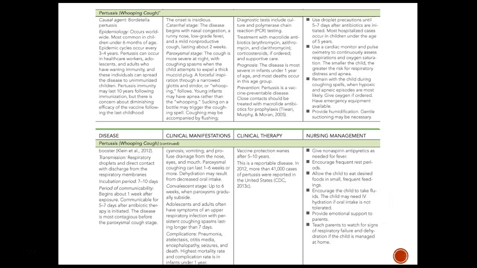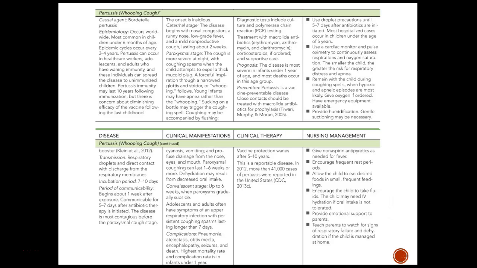In terms of nursing management, you have to remember to use droplet precautions for at least 5 to 7 days after the antibiotics have been initiated. These people need to be on a cardiac monitor and a pulse ox so we can continually assess their respiratory system. And the smaller the child, the greater the risk for respiratory distress.